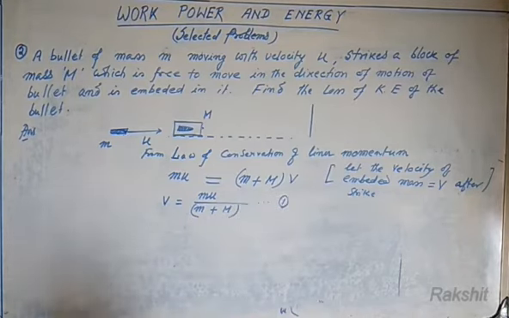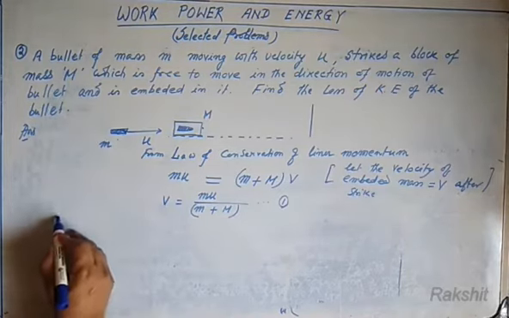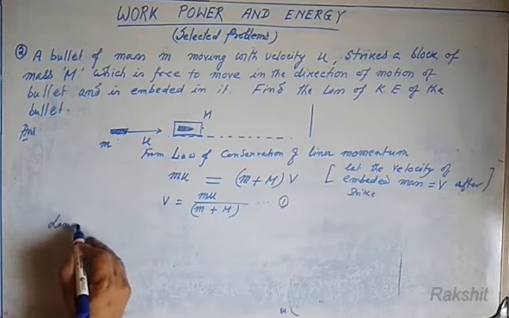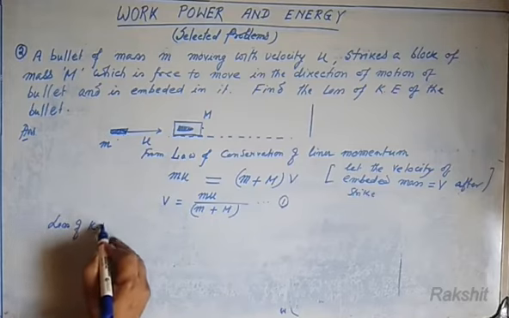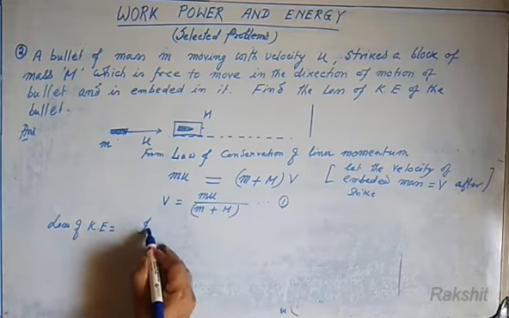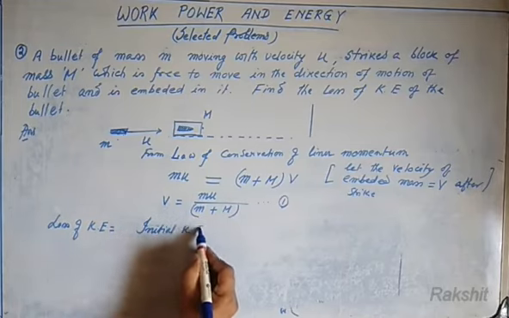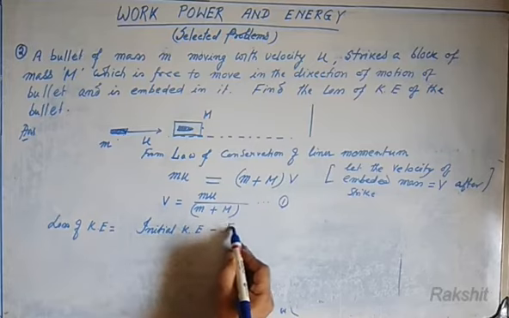Now loss of kinetic energy means the initial kinetic energy minus the final kinetic energy. Loss of kinetic energy is equal to half m u square minus the final kinetic energy.